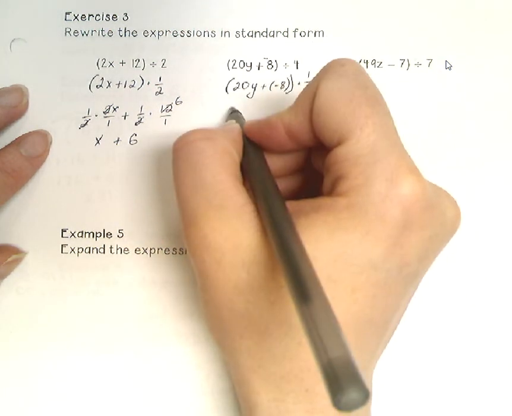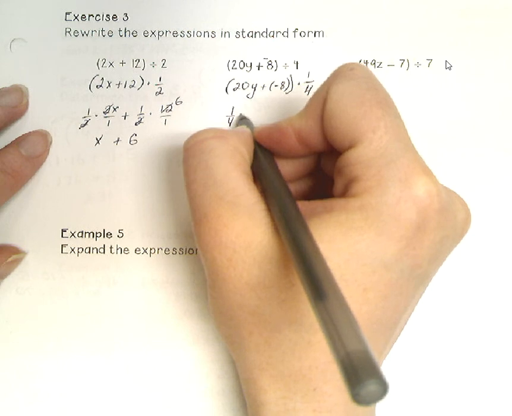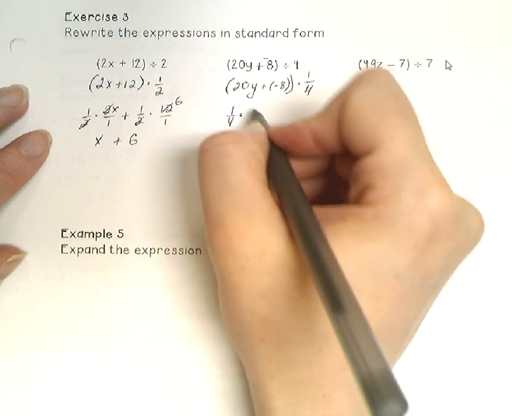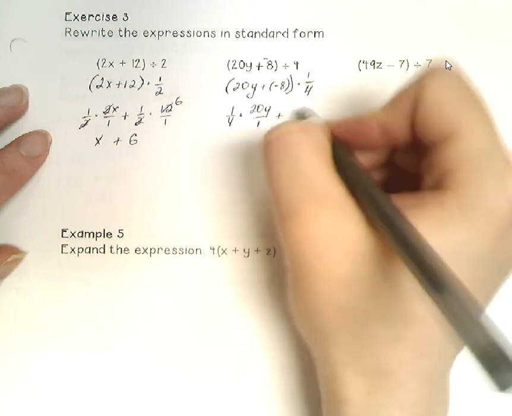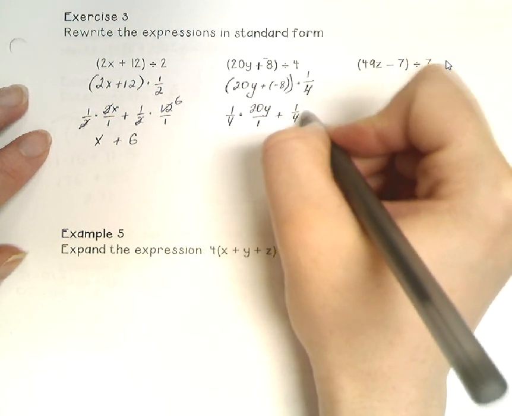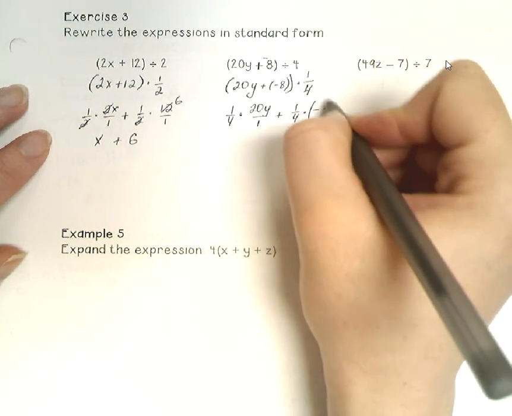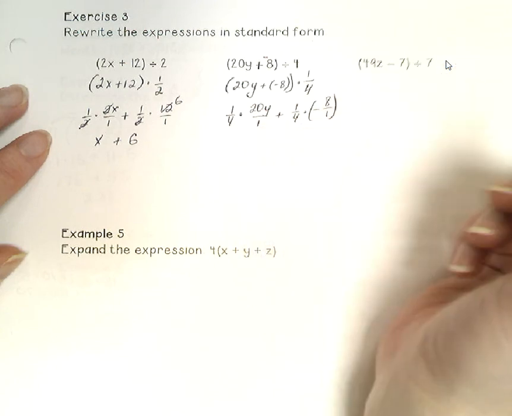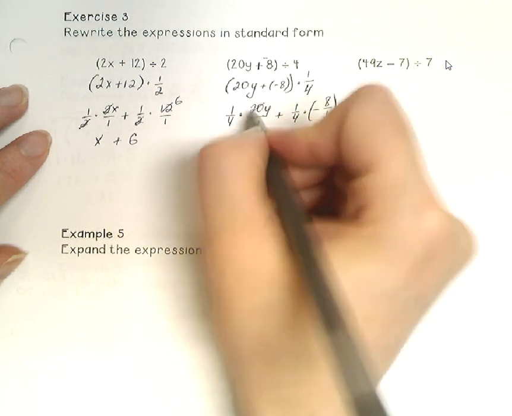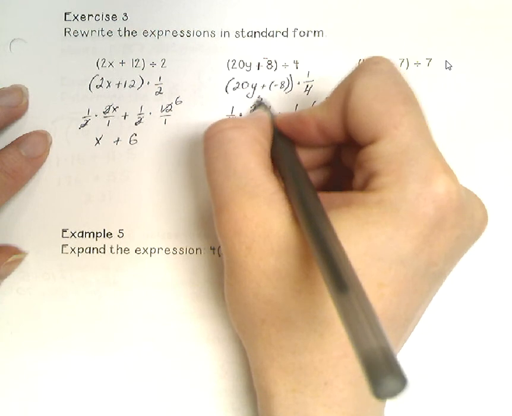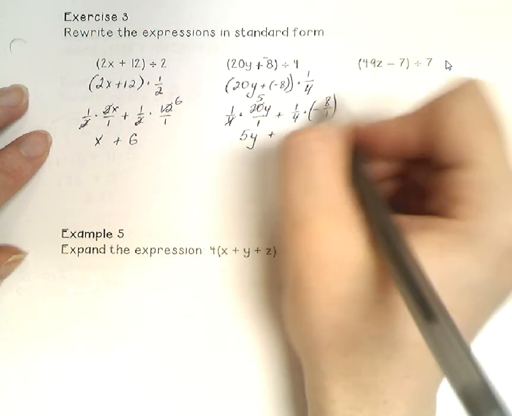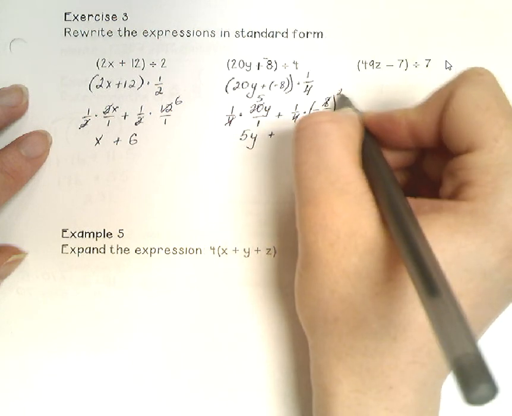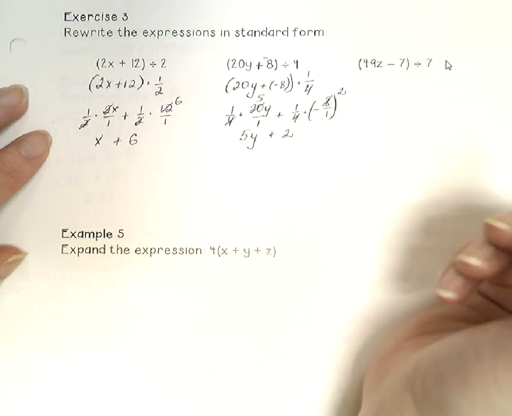So I will get 1/4 times both numbers inside the parentheses. So 20y over 1 plus 1/4 times -8 over 1. I can simplify 20 and 4, and I will get 5y in the first term. And I can simplify 4 and 8 and get 2 in the second term, -2.